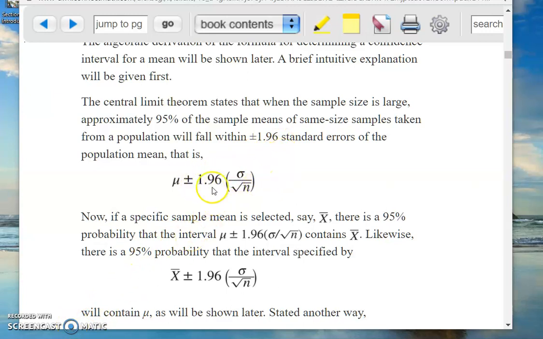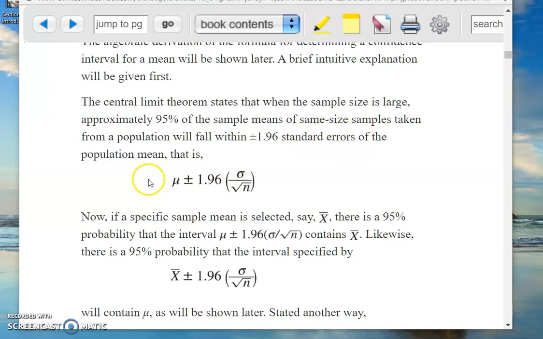What it's saying is, if you're looking at these X bars, the sample means of same size samples, those are the X bars, and you've taken these samples from the population, they're all the same size, those X bars will fall within plus or minus 1.96 standard errors of the population mean.